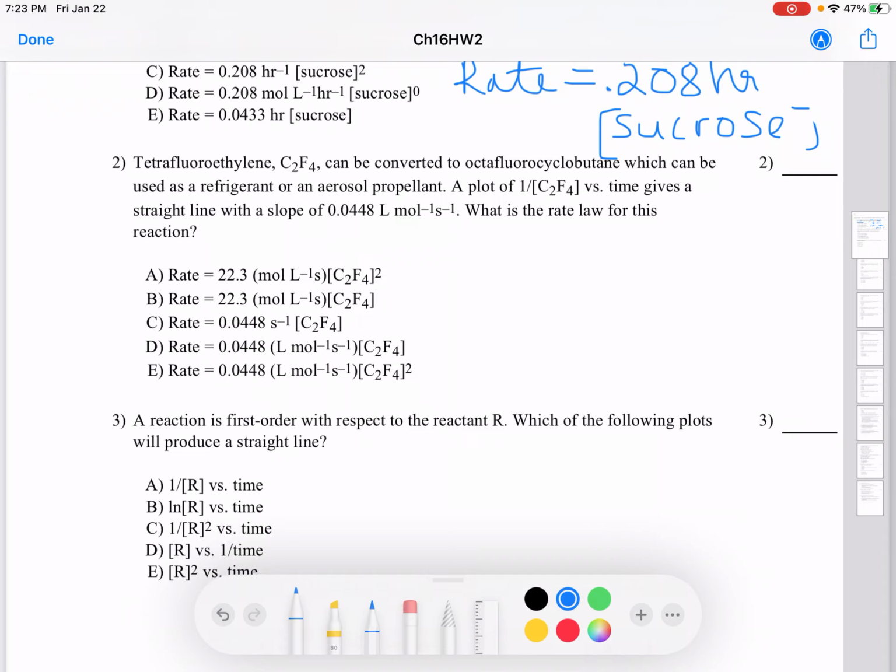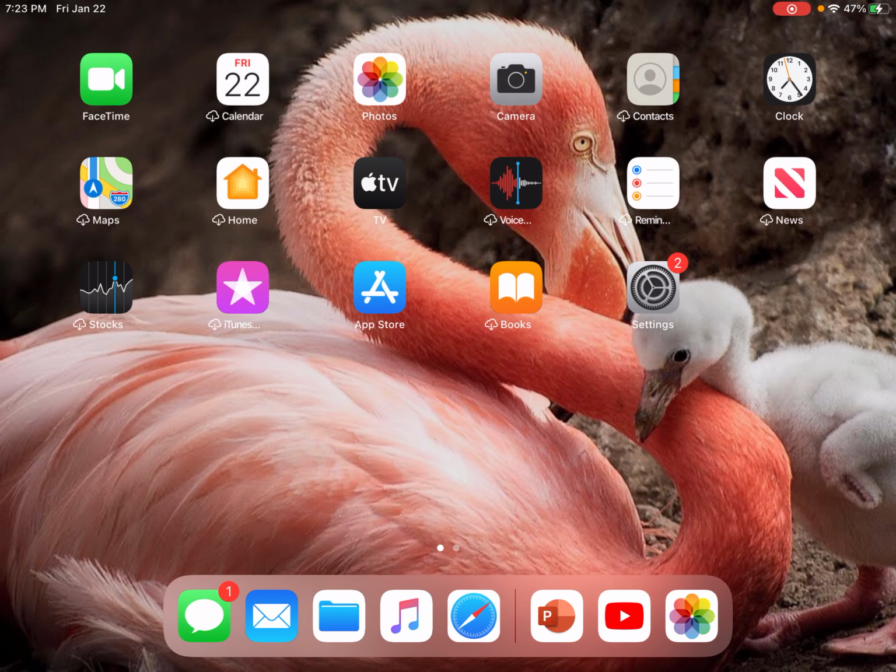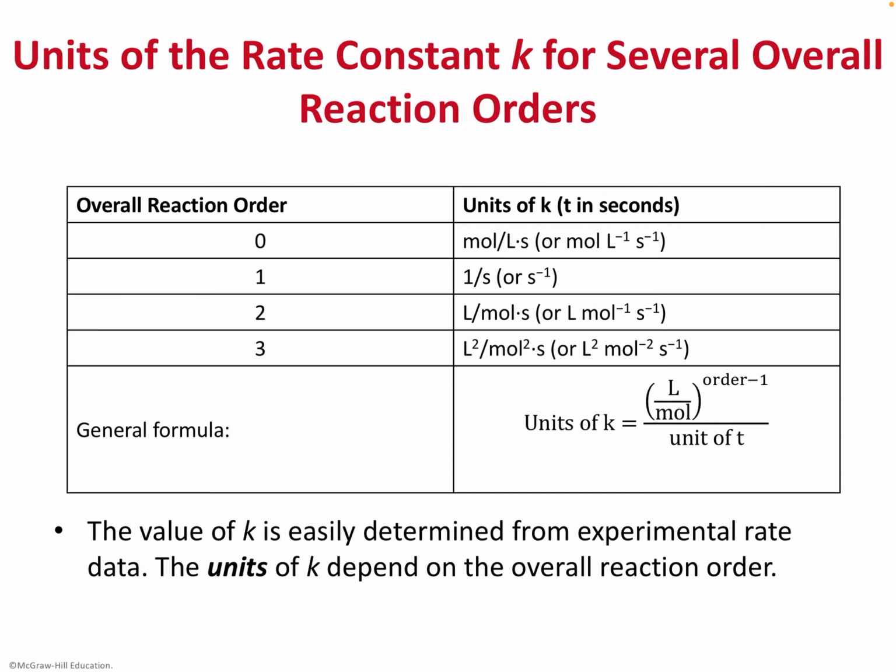The plot is drawn 1 over C2F4 versus time, and the slope is positive, with this particular unit. Now you look up the units and the type of graph, 1 over concentration. So let's go back here, liters per mole per second over here. So these are the units that were given. So that tells us the reaction is second order.